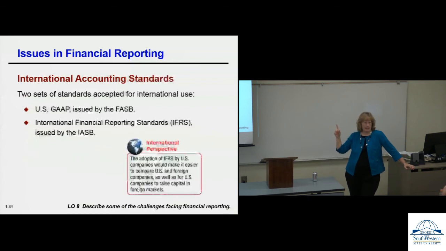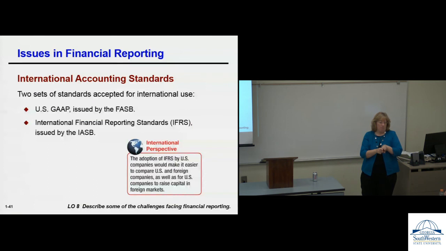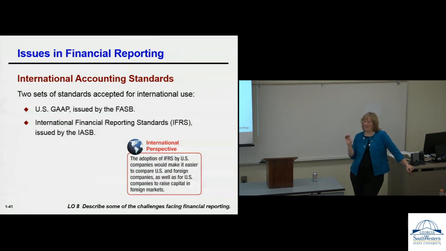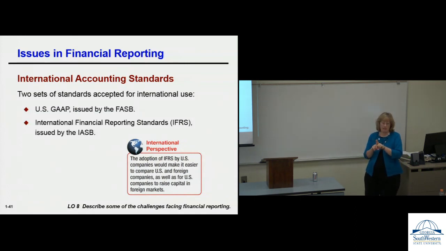The IASB sets the international accounting standards, and supposedly the 2 were going to merge as early as a few years ago, and currently, supposedly by next year, which is not happening. They're not getting along so well. These guys that are supposed to be merging, the IASB and the FASB, are not getting along so well, and I don't think they're going to be merging by next year, okay?